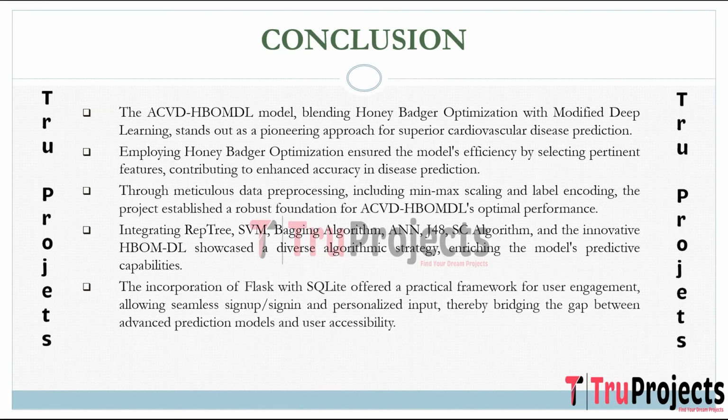The integration of the Flask framework with SQLite for sign up and sign in, coupled with a user-friendly interface for inputting feature values, demonstrates the project commitment to practical implementation, allowing users to interact with the model for personalized predictions and outcomes.